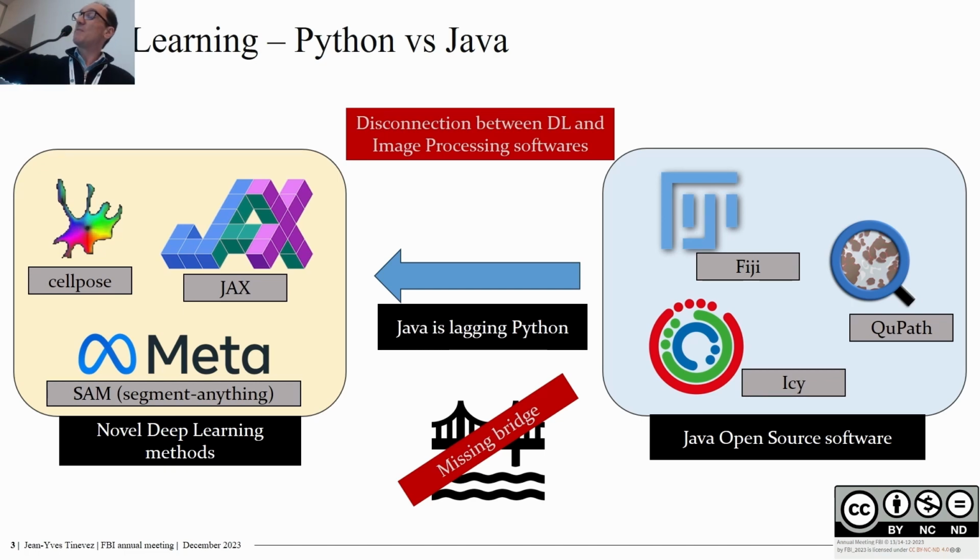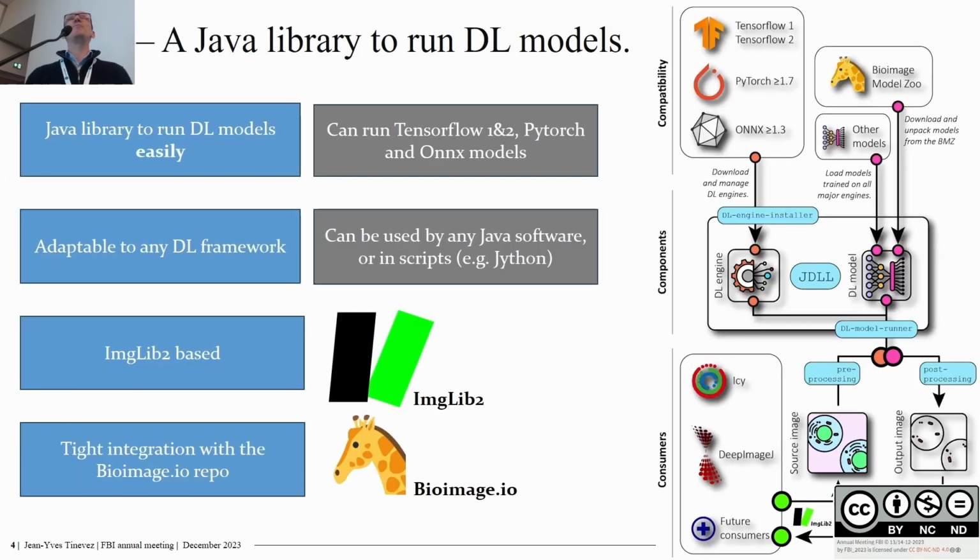So this missing bridge that you see here, we need to bridge it for at least a couple of years more. And this is what we've been doing, trying to build something that can run deep learning models from these ecosystems, and in particular ICY. The first thing we did in the past year was to work on JDLL. It's a library that can run deep learning models into and from Java software.